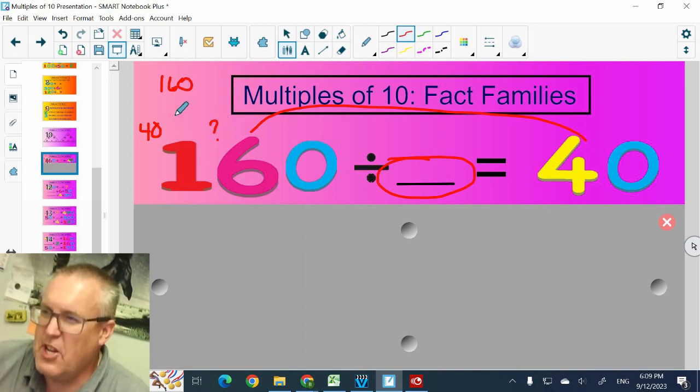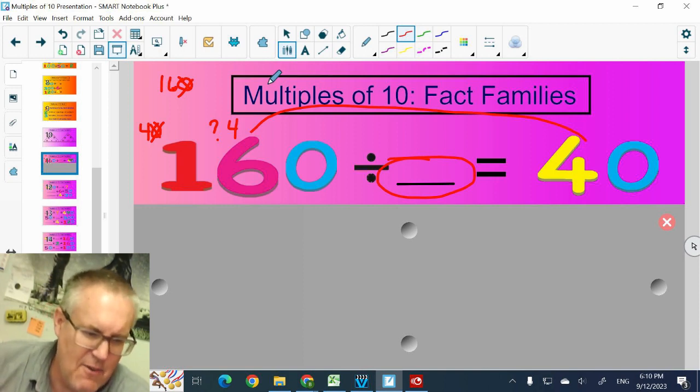And so what we can do is we're dividing going down, right? Look, both of them have zeros. So all we have to do is get rid of this 0, get rid of this 0, and now you've got 16 divided by 4, and that equals 4. Give yourself a big hand if you got it right.